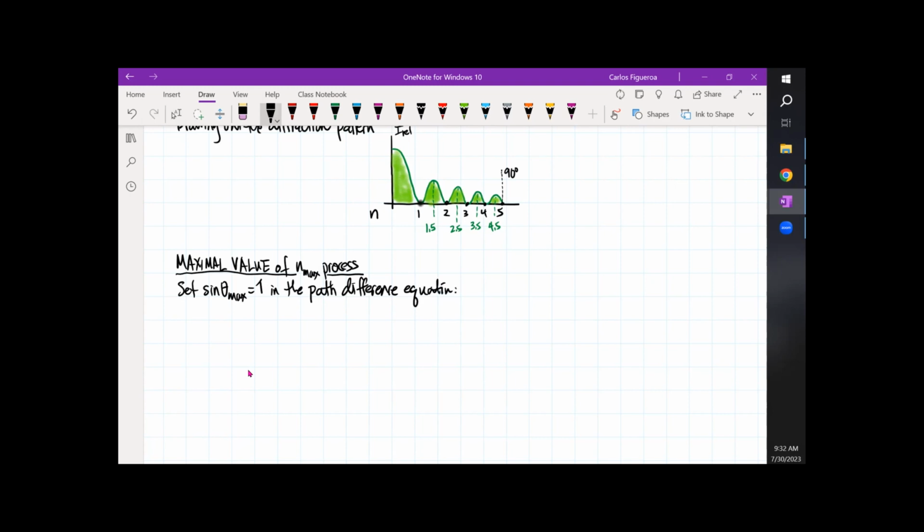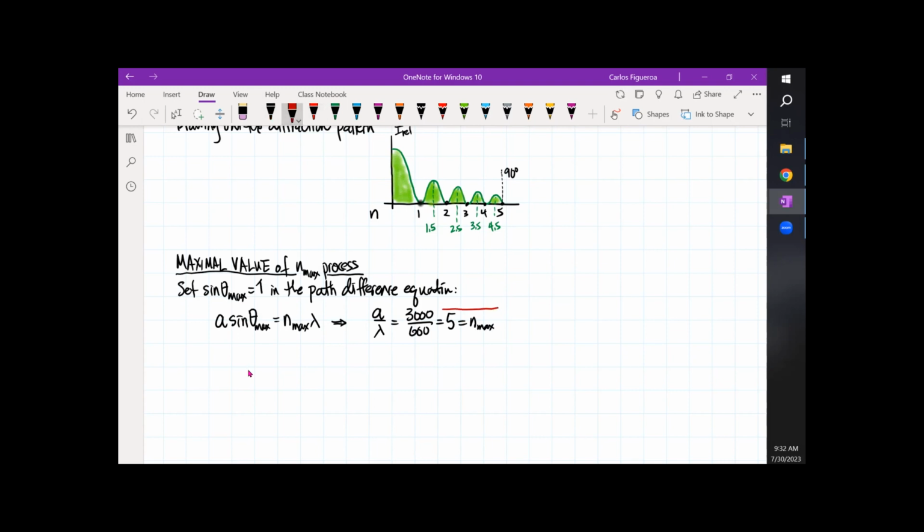So when we do that, we then have a sine of theta max. This is now going to give me the Nmax value times lambda, which then tells us the diffraction parameter immediately, which we already said was 5. But this 5 here tells me that it's Nmax.